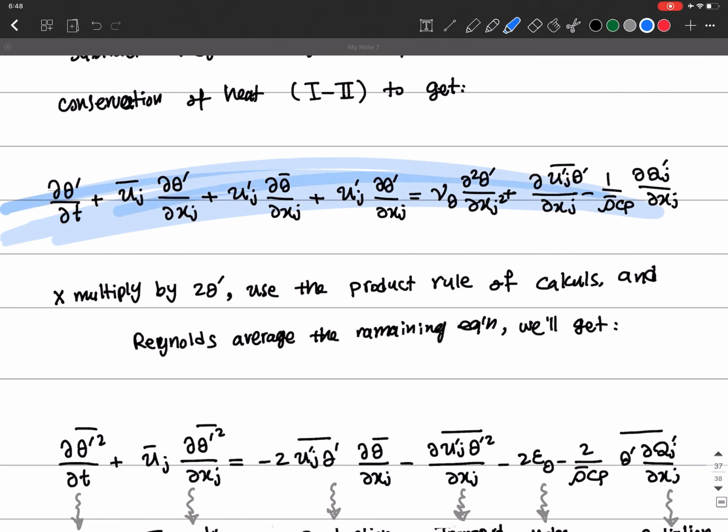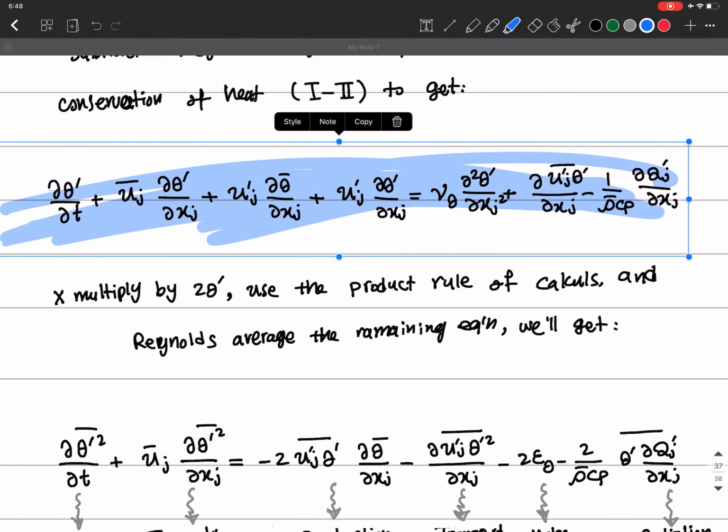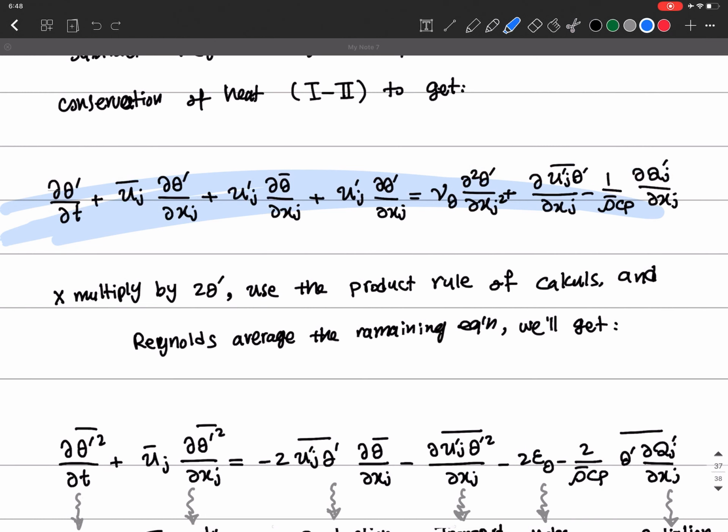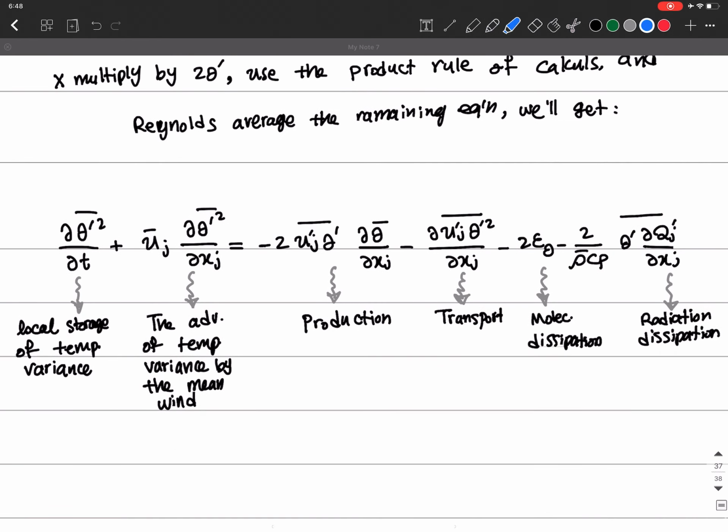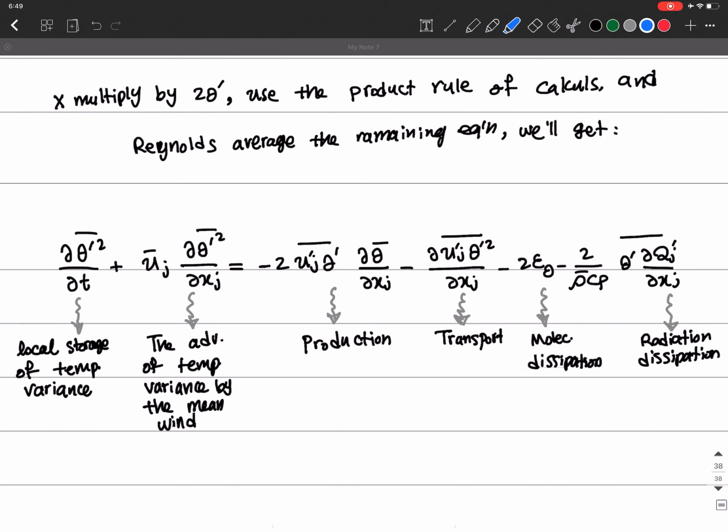By multiplying this by 2 theta prime, using the product rule of calculus and Reynolds averaging the remaining equation, we will get the temperature variance equation. And then we discussed different terms of that, like the production term, transport term, and then dissipation term. So dissipation of the temperature variance.